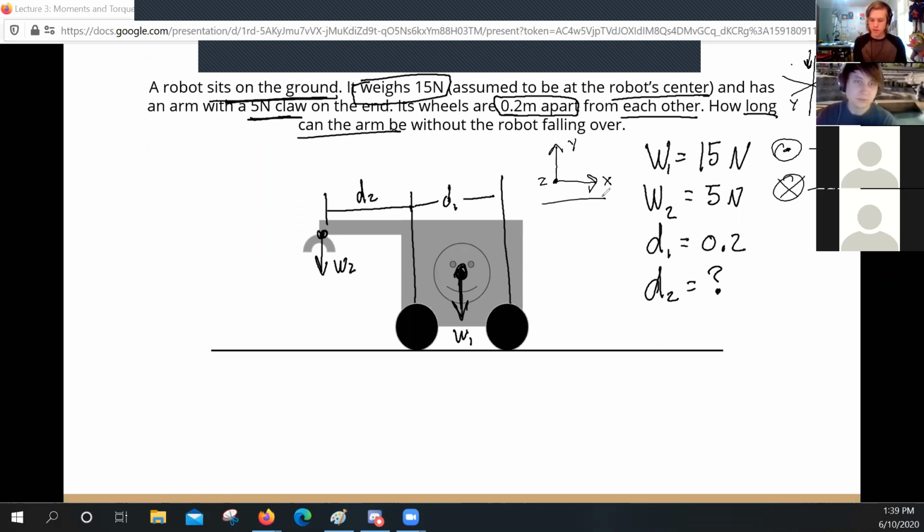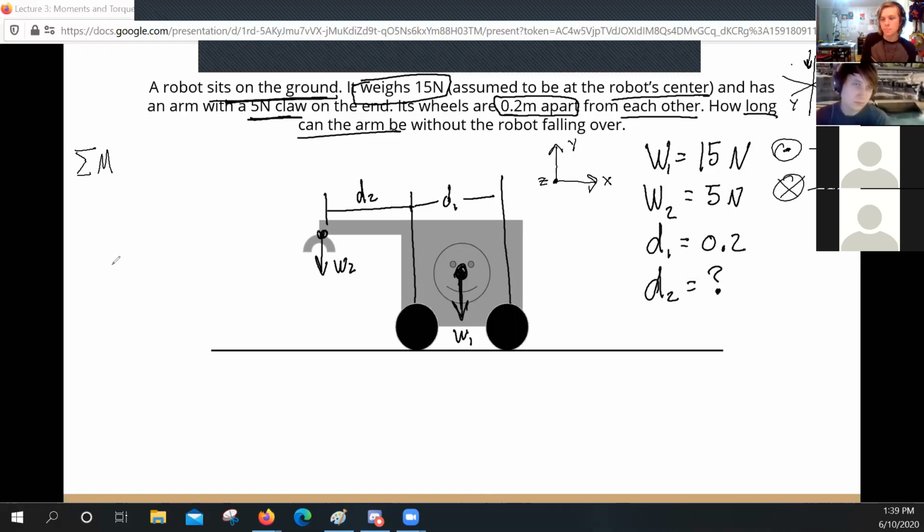But coordinate system, yes. So moments, we are going to establish at least that the moments are going to be there, right? So we'll say the sum of moments, and what axis are we going to be looking at?